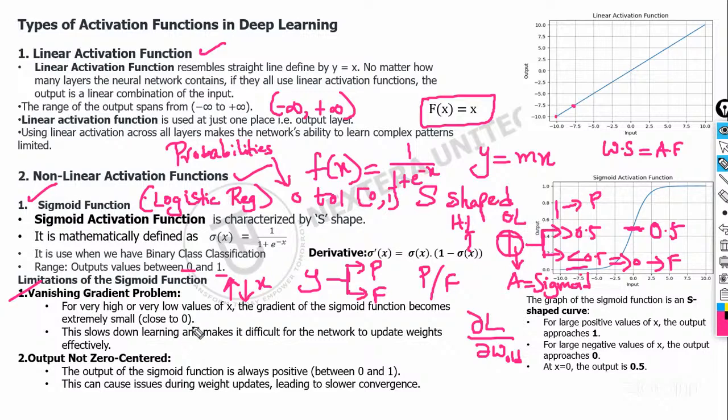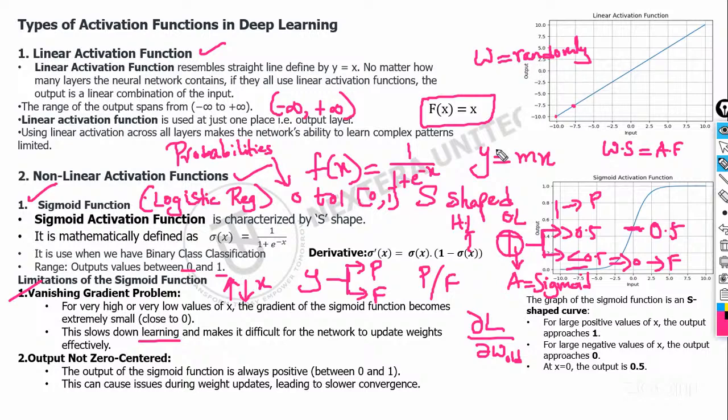Because of this, the learning within the neural network comes down, and moreover it is very difficult for the neural network to update the weights. Initially you'll have weights randomly assigned, and in order to minimize the loss, we backpropagate.